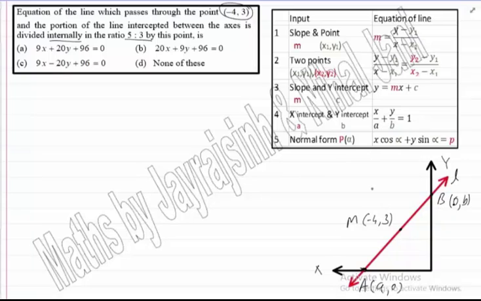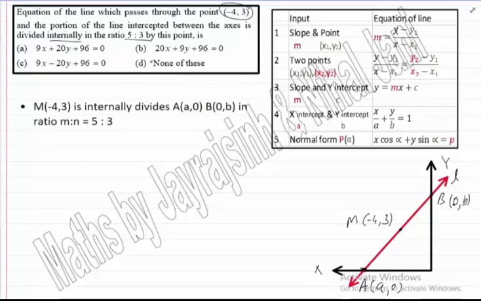So this kind of scenario is described in the question. We have a line which is passing through (minus 4, 3), and its intercept between the axes, the AB section, is divided by point M in the ratio of 5:3, right?